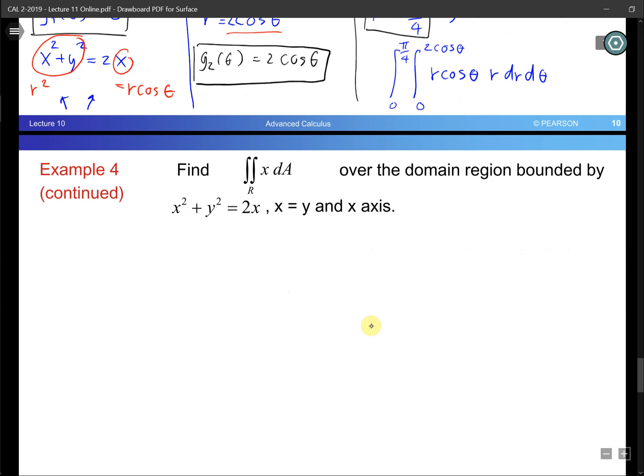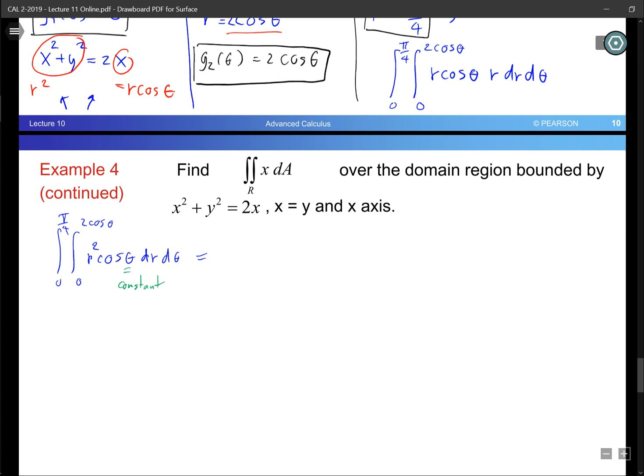So let's combine r together, that is r squared, cosine theta, double integration, 0 to 2 cosine theta with respect to r, and now with respect to theta, starting from 0 to pi over 4. Okay, so we are going to integrate this with respect to r first, and then we are going to treat theta as constant.